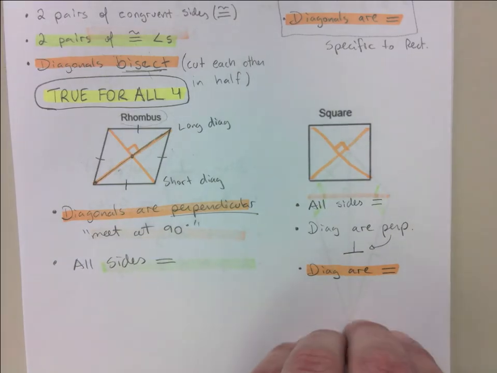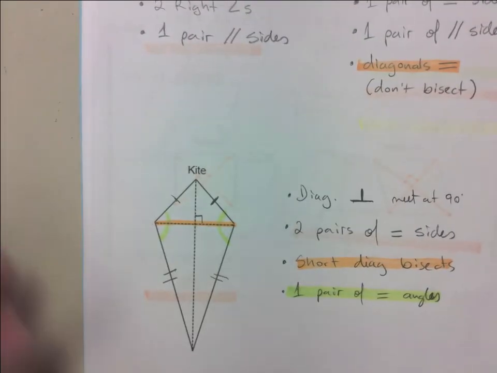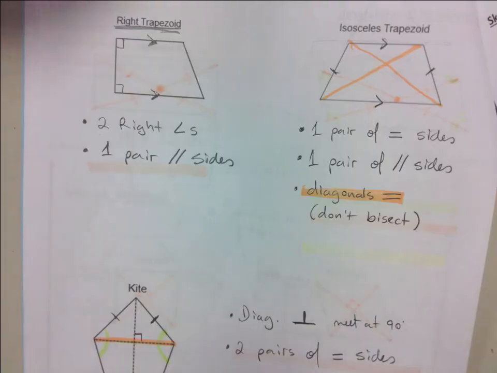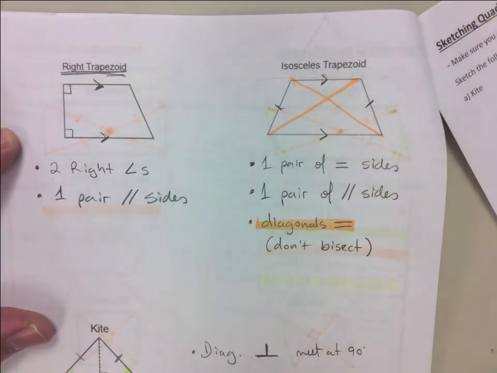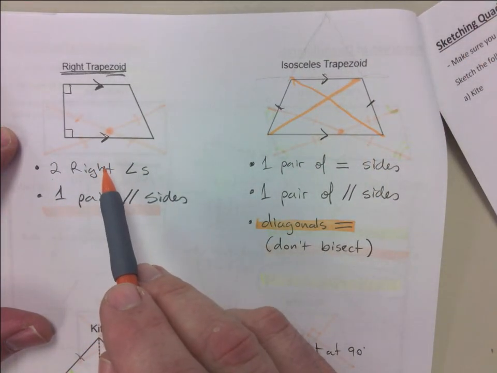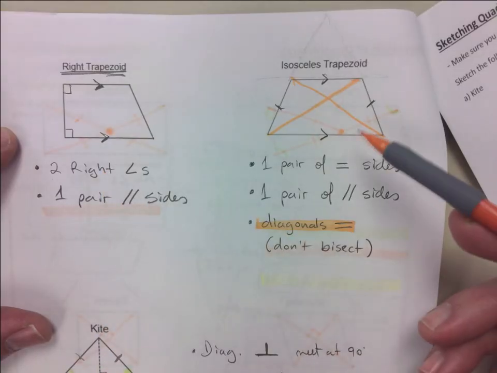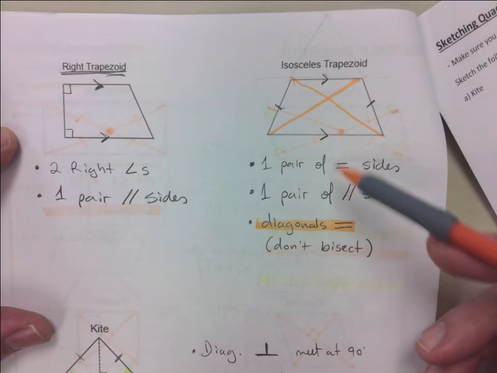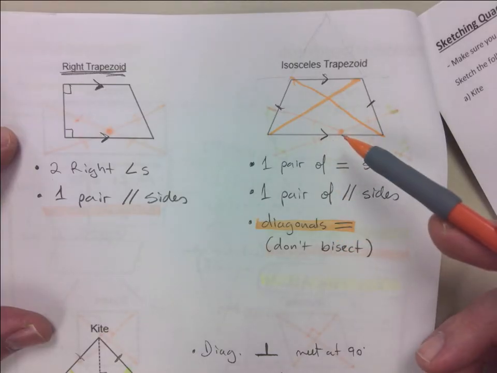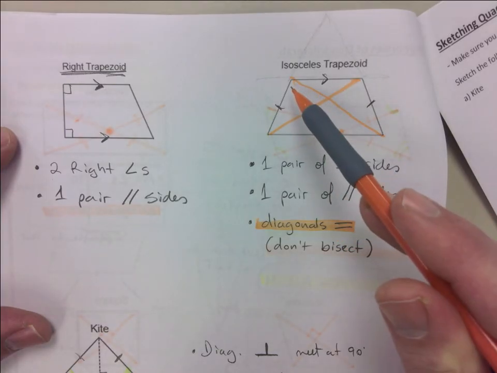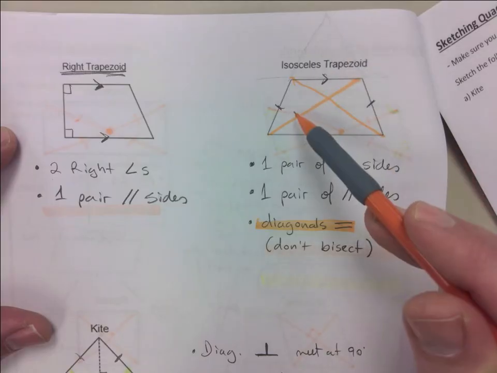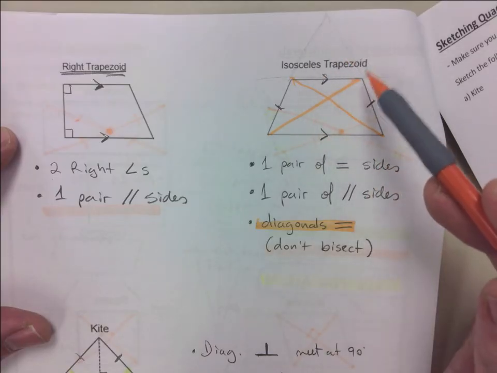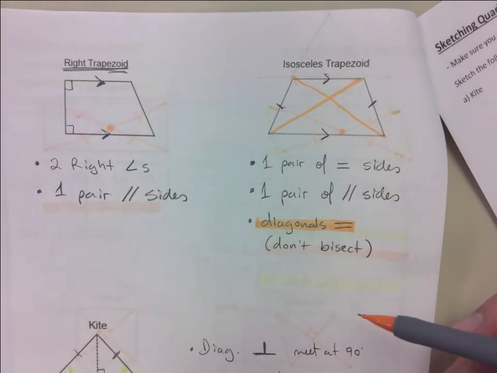Let's go to page 27. We've got the two trapezoids. The right trapezoid is quite boring, okay? Isosceles trapezoid. Think of an isosceles trapezoid as a chopped off isosceles triangle, right? The top part here has been truncated.